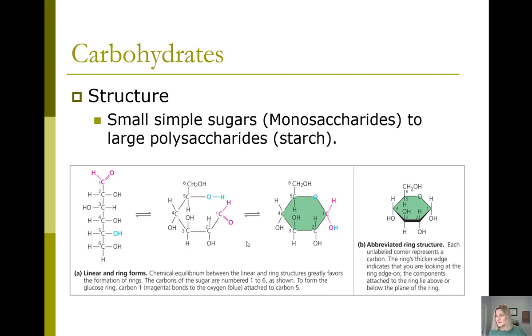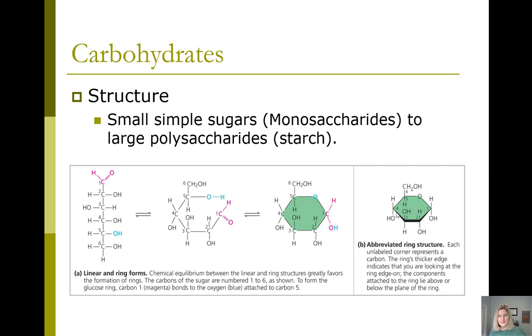All right, so if we take a closer look at our structure here, here's an example of a monosaccharide. And notice we have 6 carbons in a row, and they can form these little rings. And usually with our monosaccharides, these carbon rings can be made of anywhere from 3 carbons to 7 carbons.